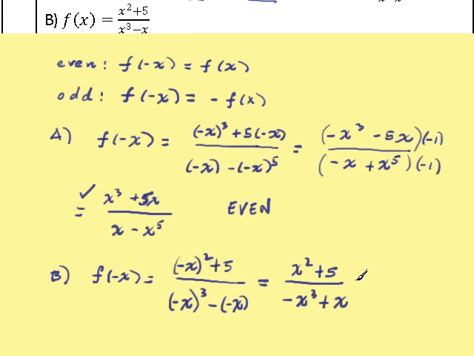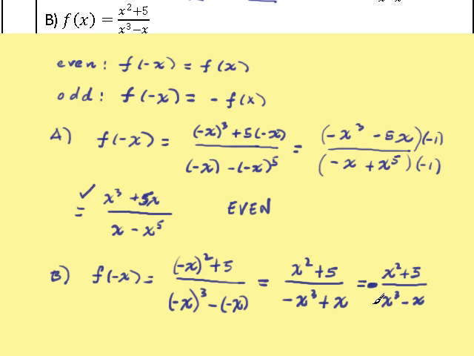So if we just factor out this negative, we can rewrite this with the negative in front of everything. And let's rewrite this denominator as x cubed minus x. So we just pulled this negative out in front.